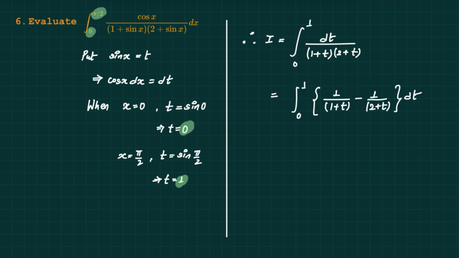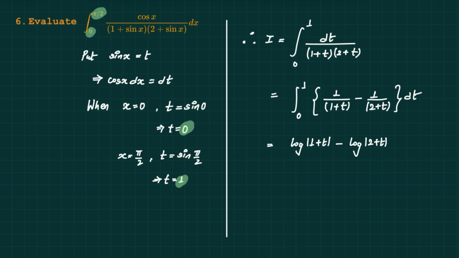Now this you can do by yourself, I am skipping that part. So if I separate this integral into two terms, then the integration of 1 by 1 plus t will be log of 1 plus t, minus, and the integration of 1 by 2 plus t will be log of 2 plus t.